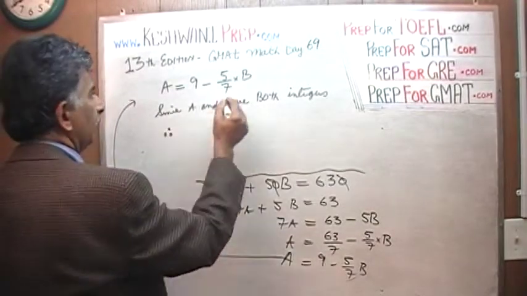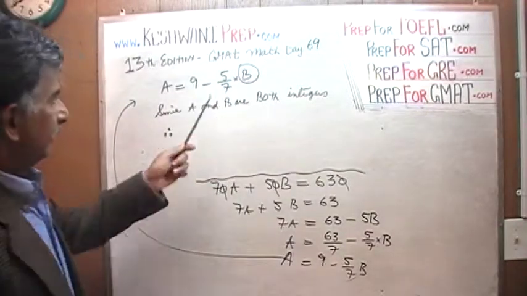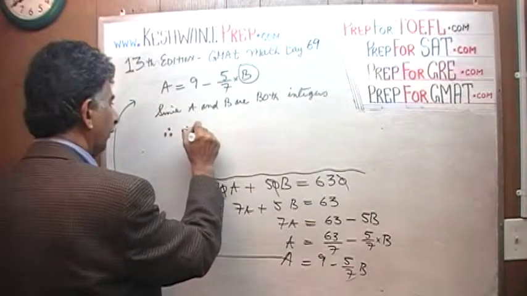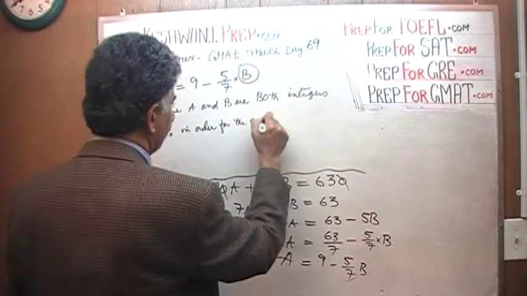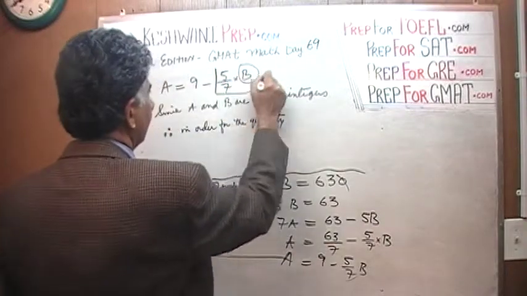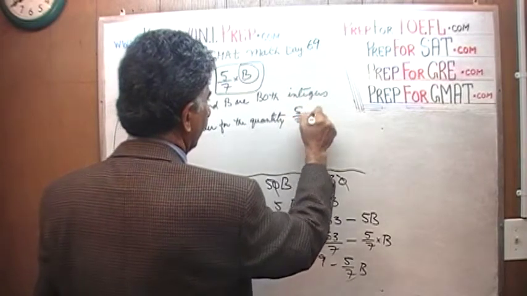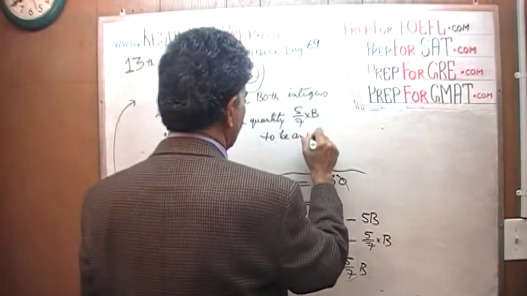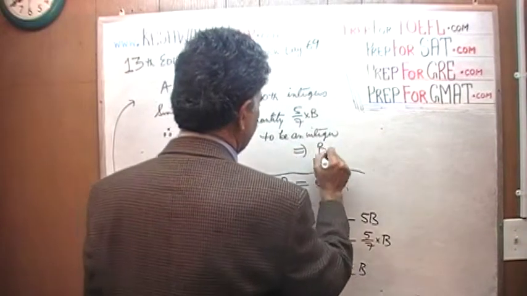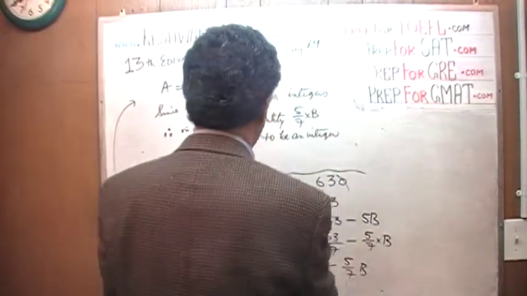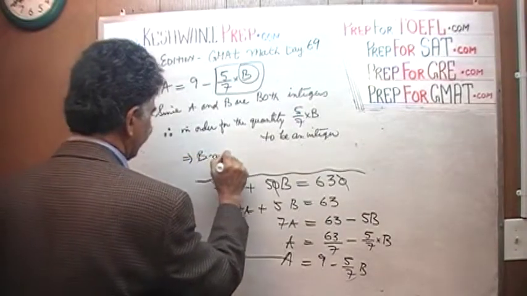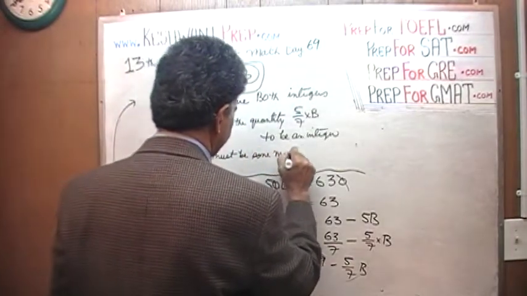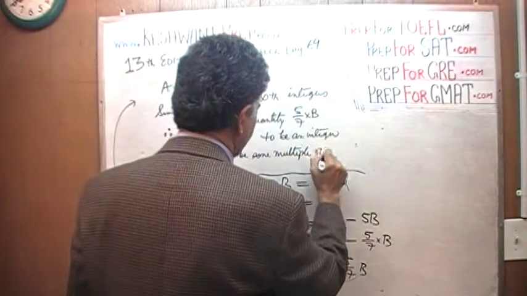Therefore, this B that we see here, because obviously we cannot divide 5 by 7, in order for the quantity 5/7 times B to be an integer, that implies that B must be some multiple of 7.